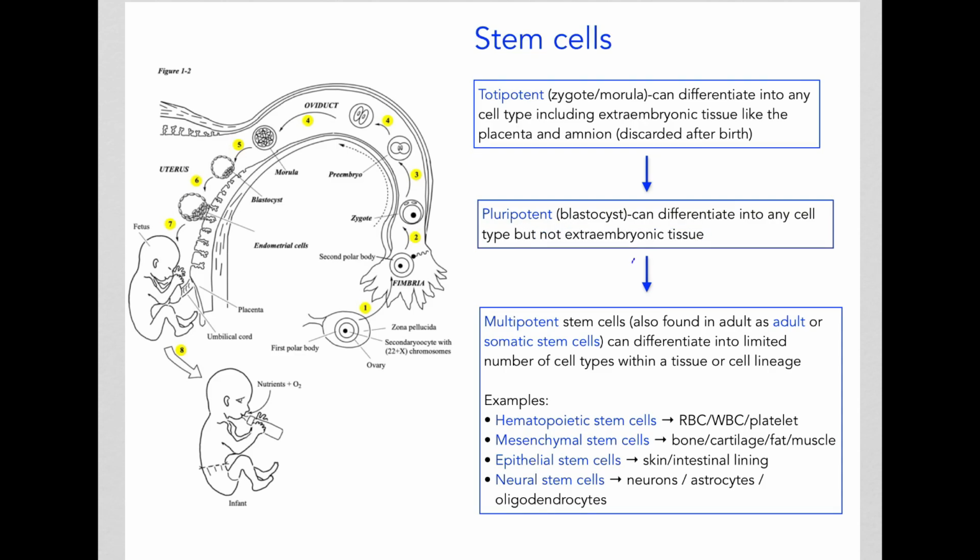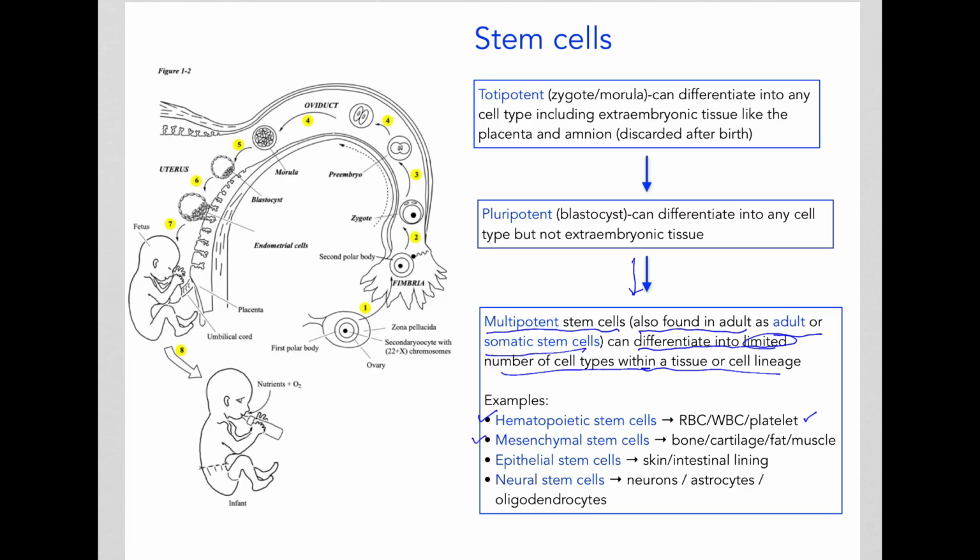And then the pluripotent stem cells can differentiate into multipotent stem cells. These multipotent stem cells are also found in the adult. And in the adult, we call them adult stem cells or somatic stem cells. Now, multipotent stem cells can differentiate only into a limited number of cell types within a tissue or cell lineage. Examples of multipotent stem cells are the hematopoietic stem cells, which differentiate into RBCs, white blood cells, as well as platelets.